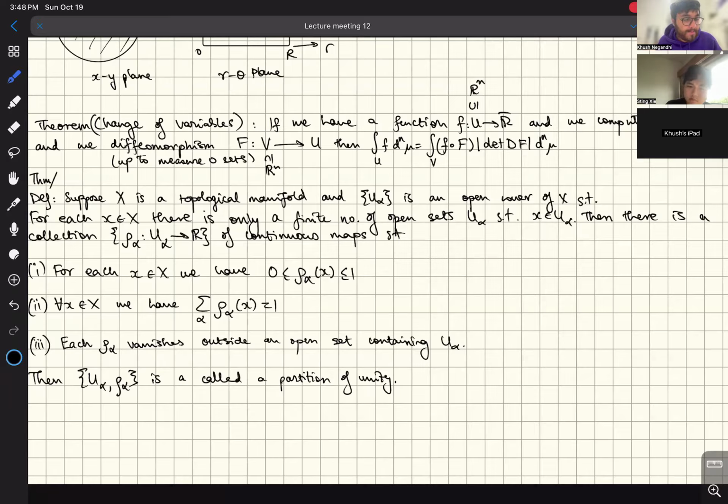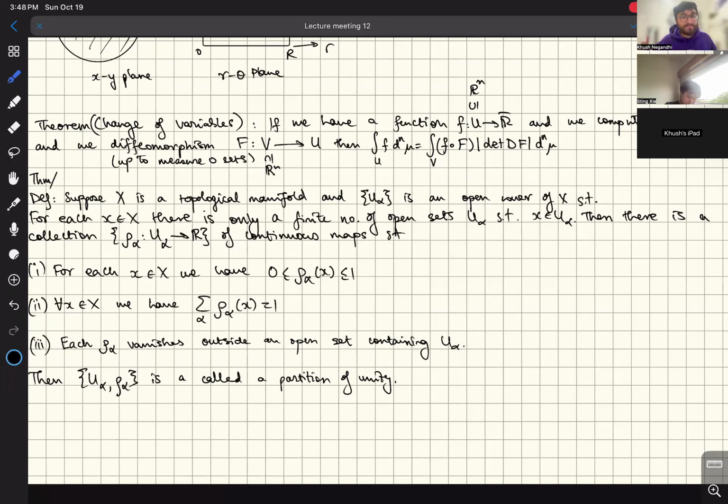A partition of unity basically breaks down the function one. So if you're adding a bunch of things and they overlap, the partition of unity scales the overlap just correctly to get the proper integral.